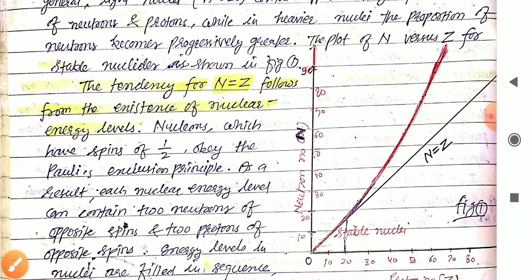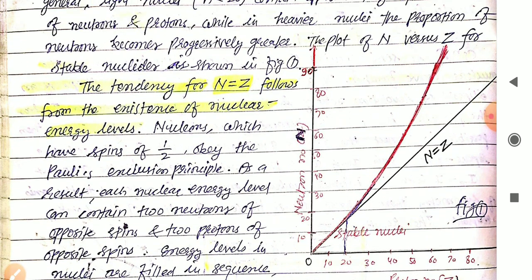what this line shows, the straight line shows that the number of neutrons and the number of protons are equal. If the number of neutrons and protons are equal, then the nucleus gains its stable configuration, and if it is not equal in number, that means if N not equal to Z, then the curve deviates from its path.